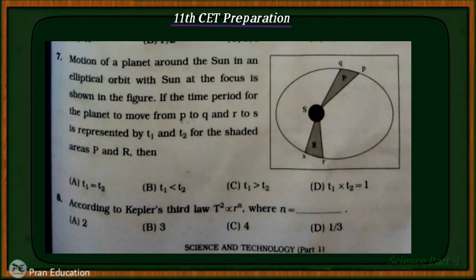Seventh, motion of a planet around the sun in an elliptical orbit with the sun at the focus is shown in the figure.